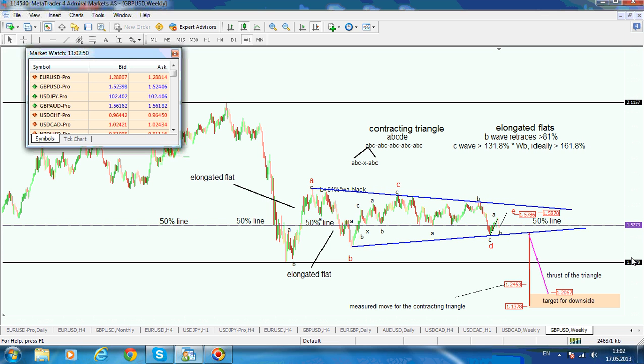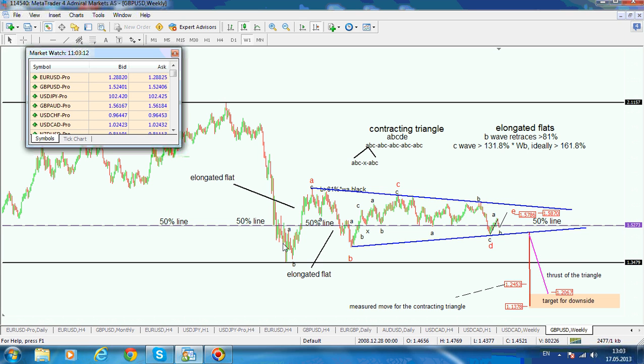Now based on this, this is all the information we can get from this contracting triangle that we have on the weekly chart. Keep in mind we had been treating this triangle from this moment in time, from this elongated flat. We have the rules for the elongated flat laid down here. All the rules respected.